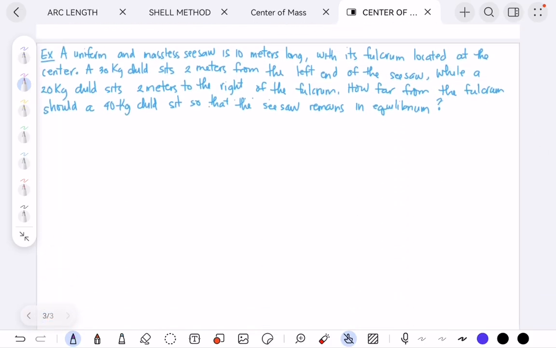A uniform and massless seesaw is 10 meters long, and its fulcrum is located at the center. Let me draw an illustration here. Say this is the center, 0, so the fulcrum of the seesaw is here. 1, 2, 3, 4, 5, and 1, 2, 3, 4, 5.